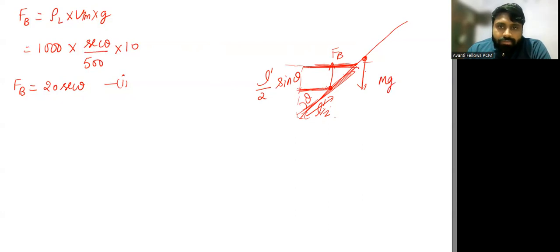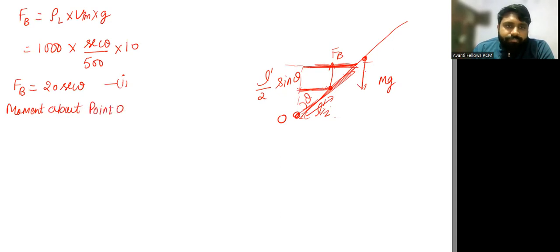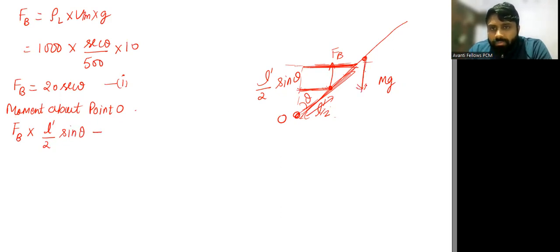So the moment about this point O is FB into L dash by 2 sine theta minus. Why am I taking minus? Because it is in the opposite direction. I have taken clockwise direction as negative and anti-clockwise direction as positive.